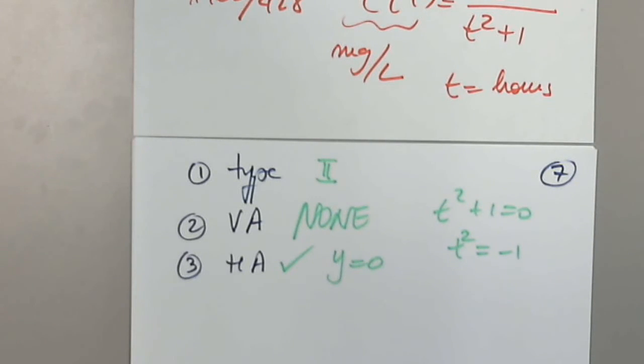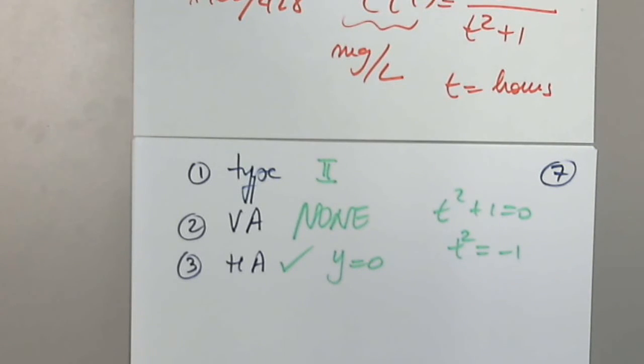Now let's think about the viewing window. I don't care about negative time. Doesn't mean anything. I don't care about negative concentration. If I give a patient a medicine, he cannot have -5 milligrams per liter in the bloodstream, right? So I don't care about the negative side of the x-axis or the y-axis.